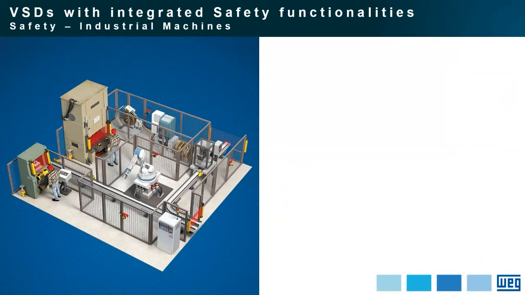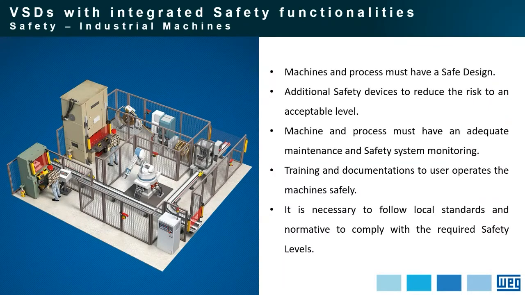So it is necessary to design the machines and processes to be as safe as possible. When it is not possible to approve the machine at an acceptable level, additional safety devices must be installed to reduce the risk to an acceptable level.